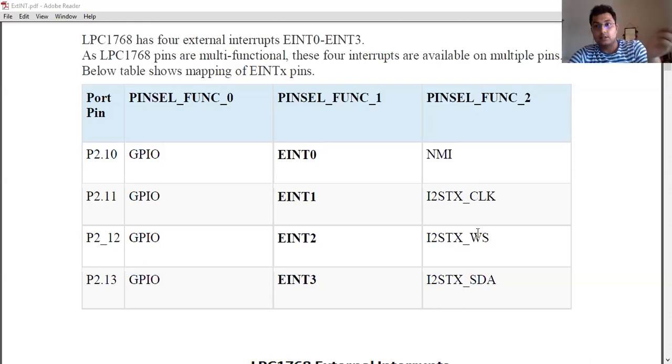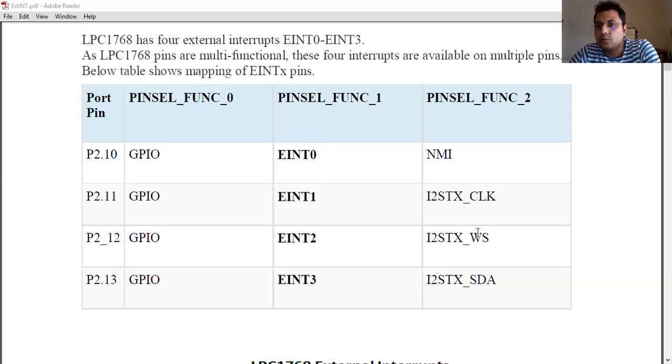In this register, every pin uses 2-bit positions. For port 2.10, bit positions 20 and 21 are used; 2.11 uses bit positions 22 and 23; 2.12 uses 24 and 25; and 2.13 uses 26 and 27.